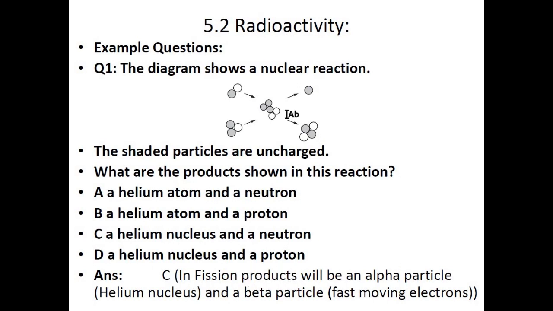Don't go for this. This is a fusion reaction. This is a deuterium and this is a hydrogen. They are forming together in order to produce a helium nucleus and a neutron. This is a fusion reaction, but C would be the correct answer.